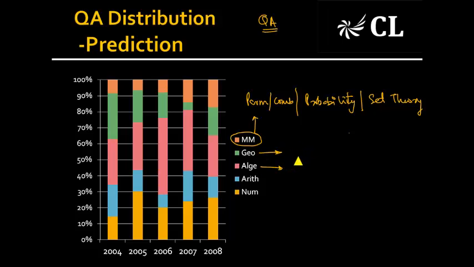In algebra, apart from linear equations and quadratic equations, I've also included questions on functions, maxima, minima, and all that. Arithmetic would be ratios, percentages, time and distance, time and work, and so on and so forth. In numbers, apart from the standard types of questions like remainders, HCF, LCM, factors, multiples, factorials, I've also included Diophantine equations.